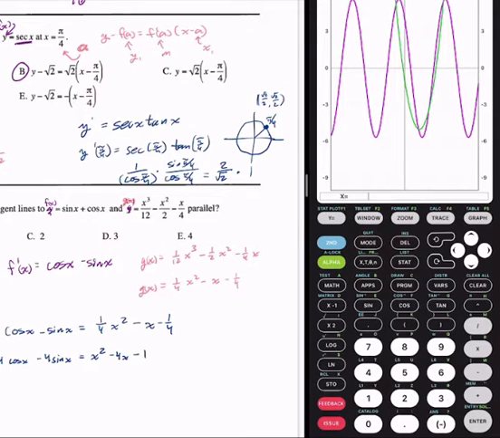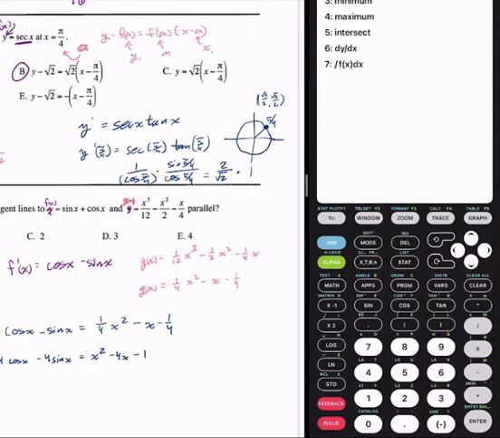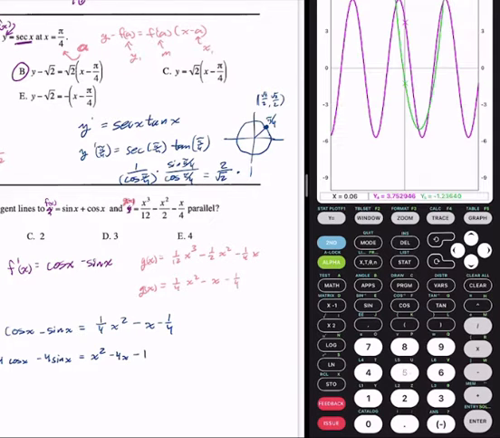The way you find those points is by using the intersect function. At the top of the buttons, there's a button that says trace, and there's a calc word right above trace. So hit second and then calc, and select intersect, which is 5.